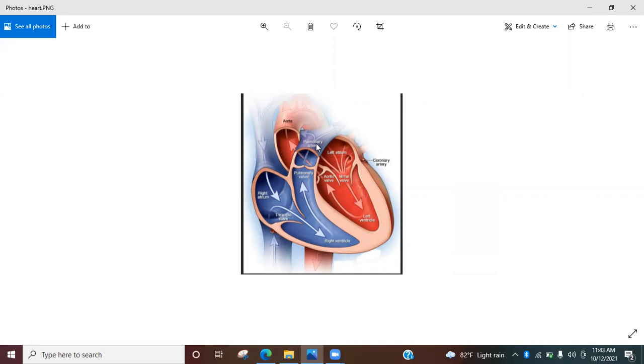Then the pulmonary artery transports blood to the lungs, and then through the pulmonary veins, oxygenated blood is coming to the left atrium. This oxygenated blood is going to the left ventricle through the mitral valve or bicuspid valve. Then it's going to the aorta through the aortic valve or semilunar valve.